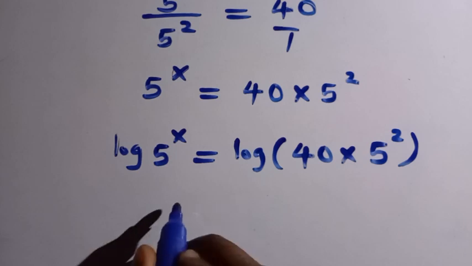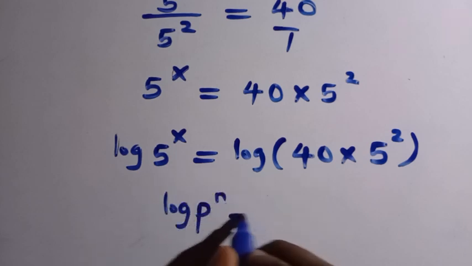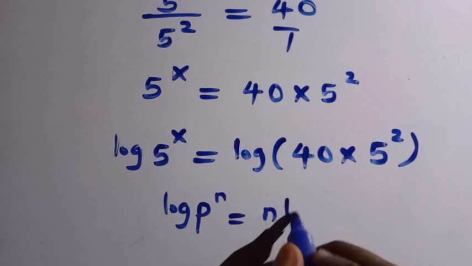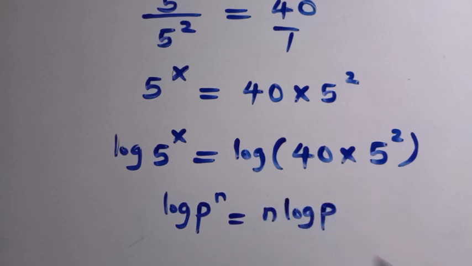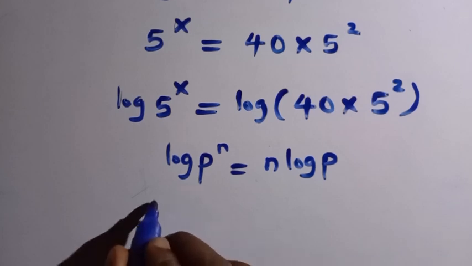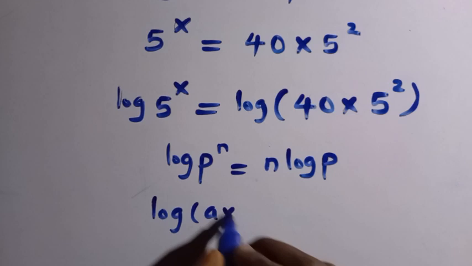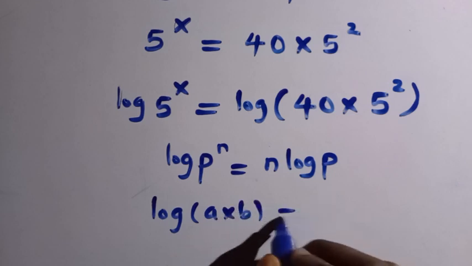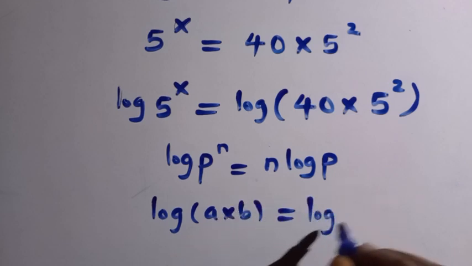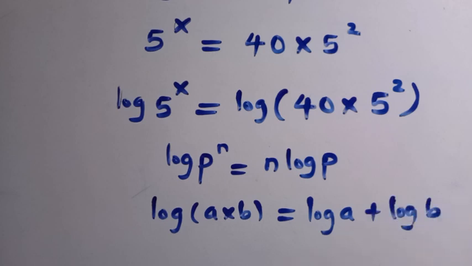So here, let's say we have log p raised to the power n. This equals n log p. And also we have log of a times b. So this equals log a plus log b.